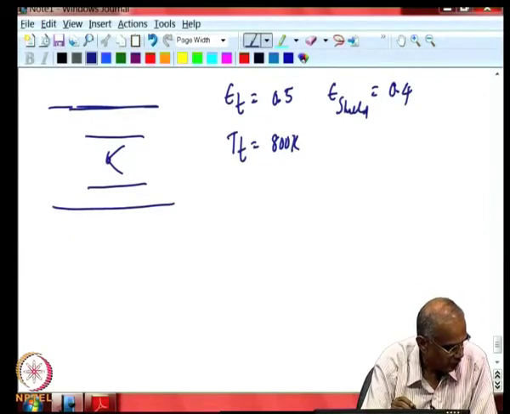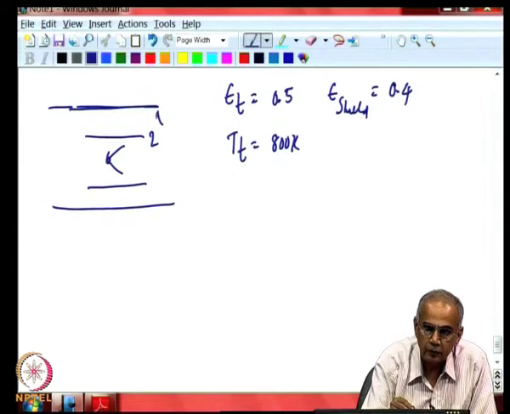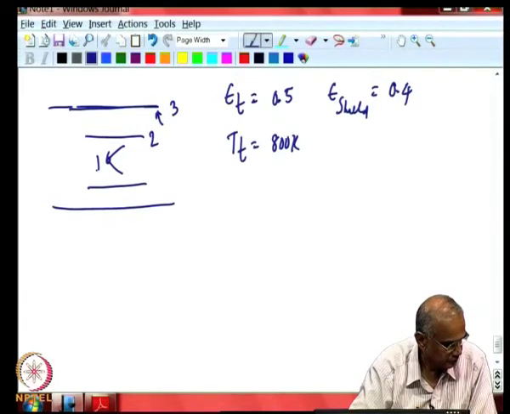So, your shield is now surface 2, the duct wall is surface 3, and thermocouple is surface 1. Okay.